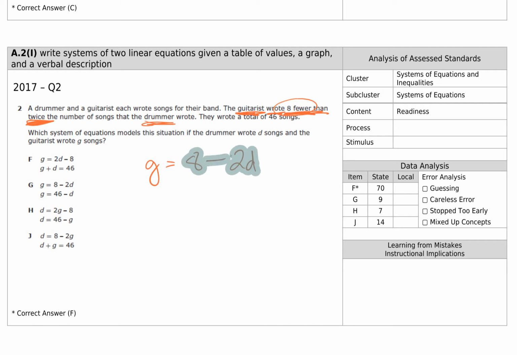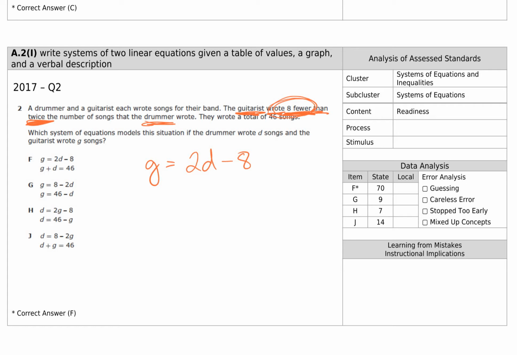But the phrase 8 fewer is subtracting, and we know subtracting has to go at the end of this type of sentence just by the structure of the English language. If it said 8 less than, we'd do that same thing. So we put twice the number of the drummer, and then we take away that 8.